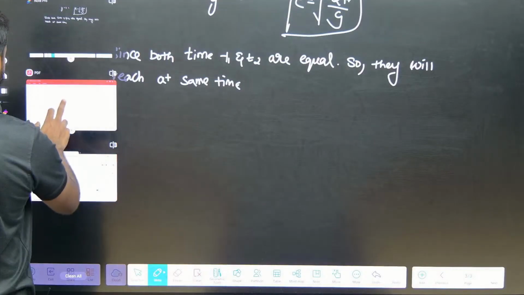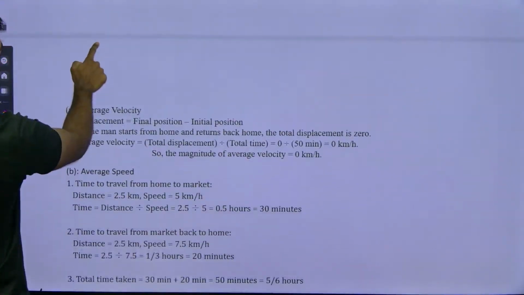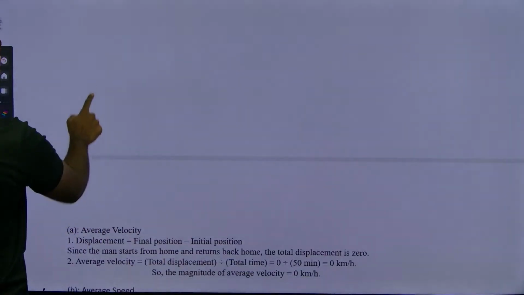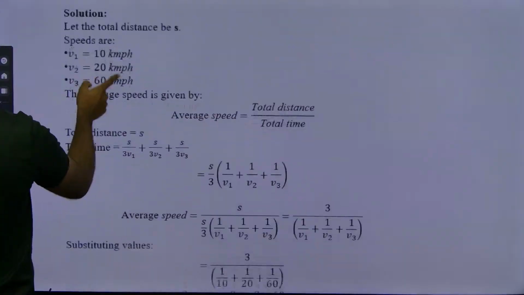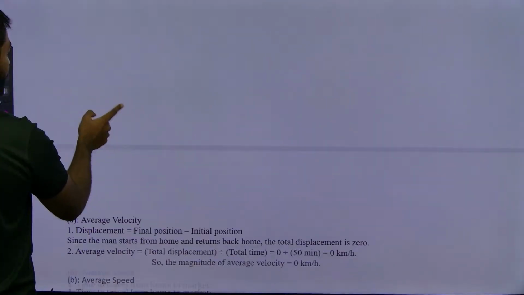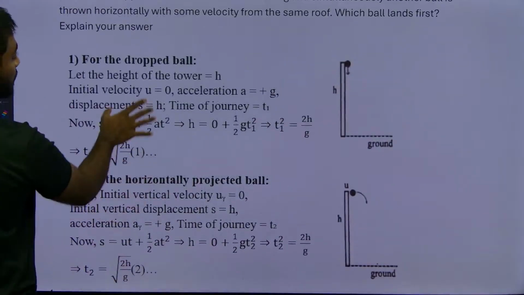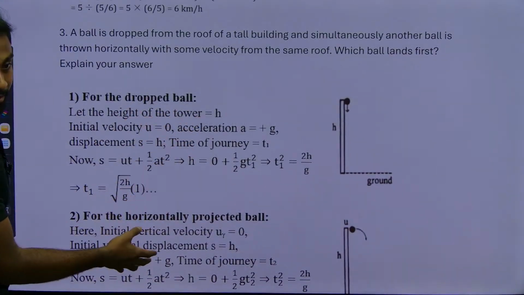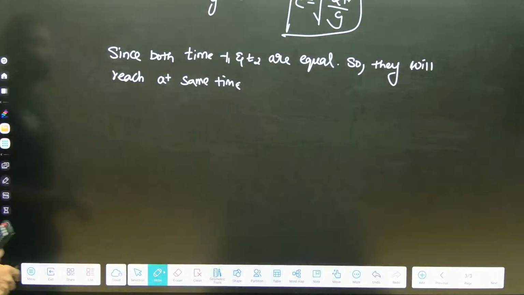You can say the question number, either this third question, or this second question, or the first question. If you say the question number, it will be easy to do that question, right?